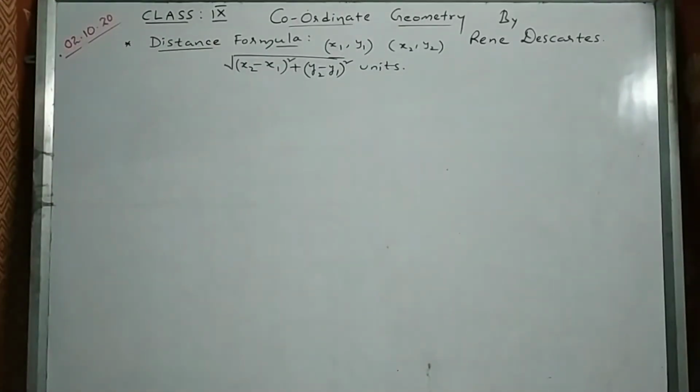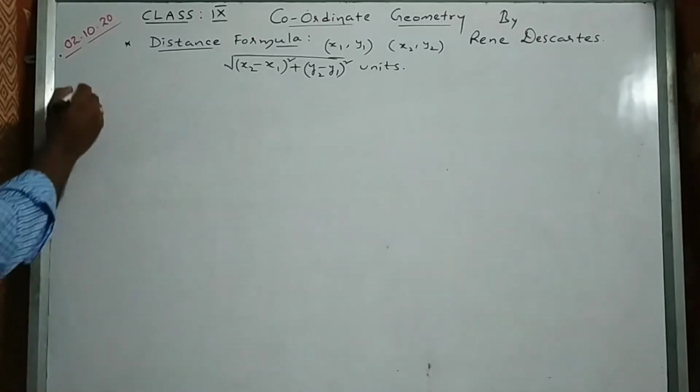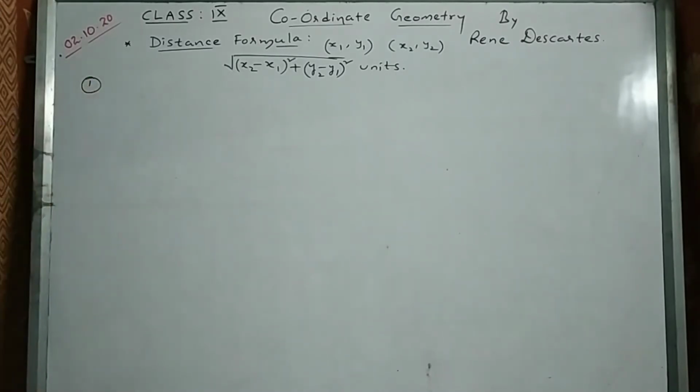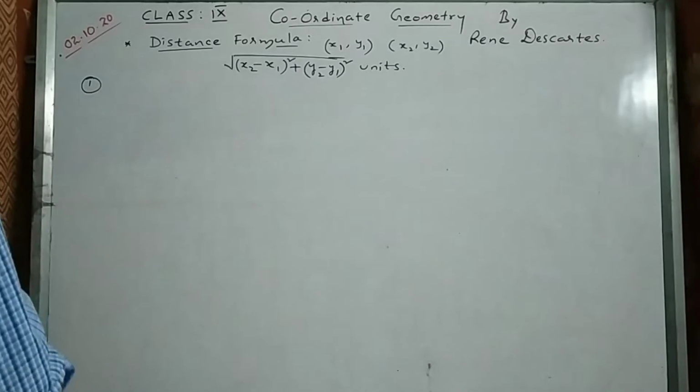I told you the proof of how to calculate it; watch the video and learn it. This is the formula to find the distance between 2 points. So let us see some problems on this concept.